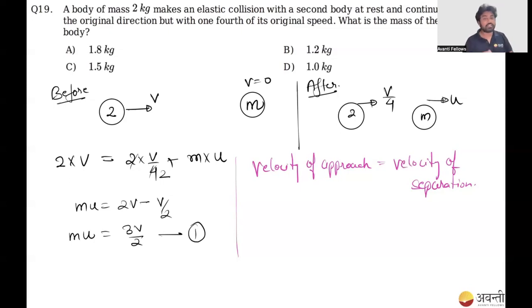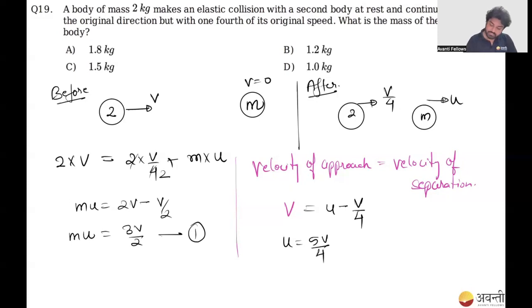So what was the velocity of approach? It was v, because only the 2 kg mass was moving. What is the velocity of separation? Since they are separating, of course, the velocity of unknown mass is more, that is u. So velocity of separation is u minus v by 4. So from here we can get u is equal to 5v by 4.